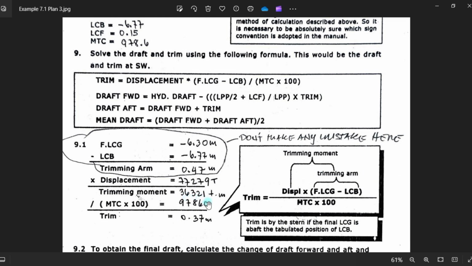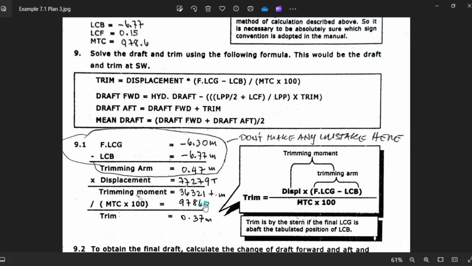Okay, 36321. Okay, and here it says over MTC times 100. So the value of this MTC, 9.78 times 100, will be 97860.